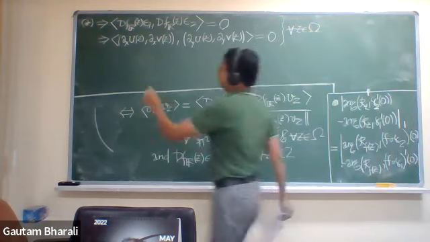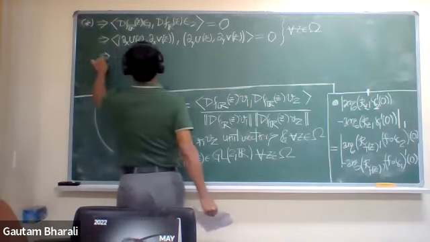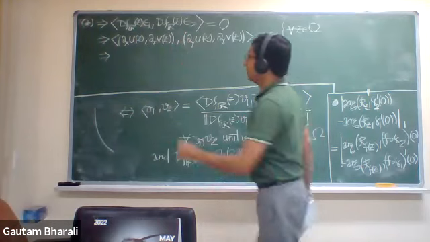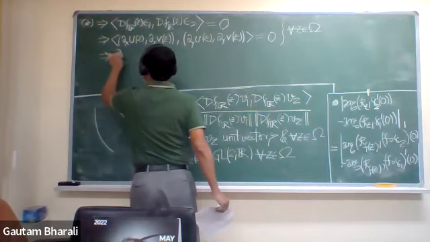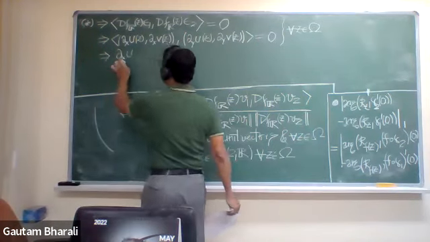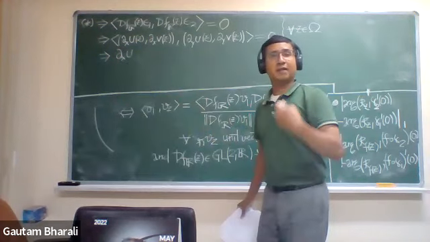Okay, so let's simplify. This is a very simple inner product to do. So this is my shortcut basically of del x of u.